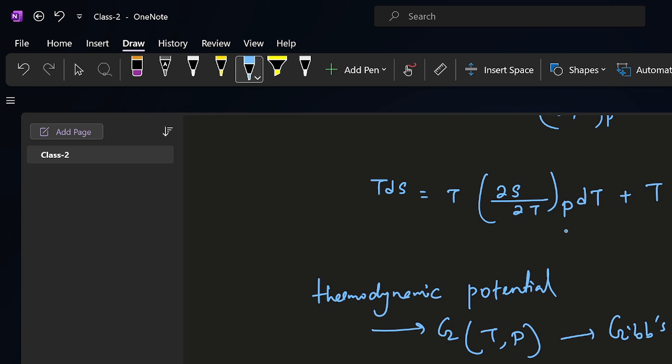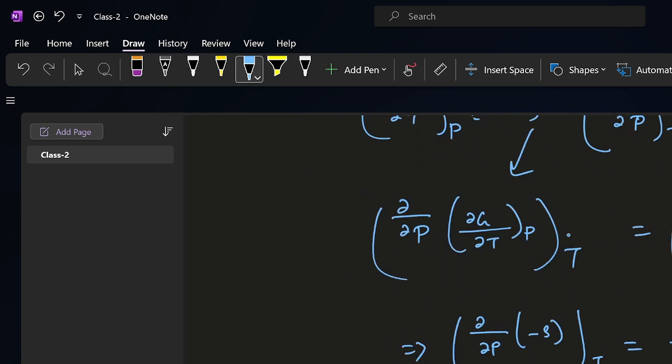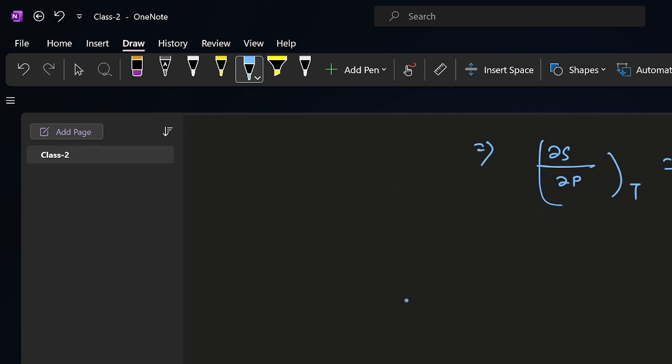Okay, and for the first part, it is again the Cp value. You have to know what is the value of heat capacity at constant pressure.